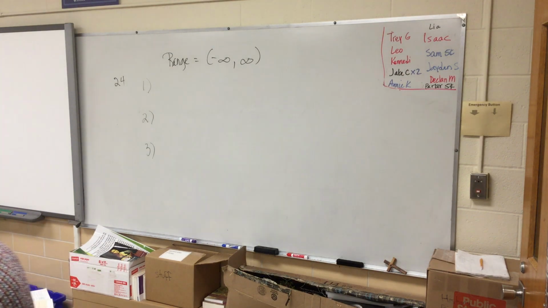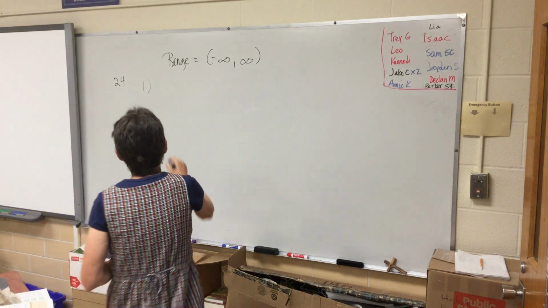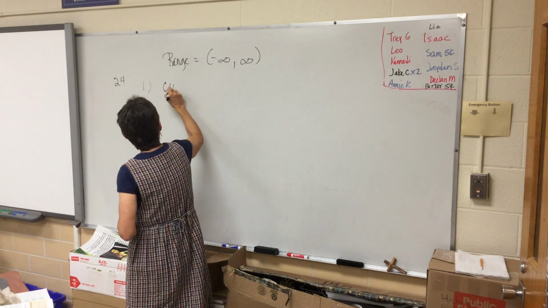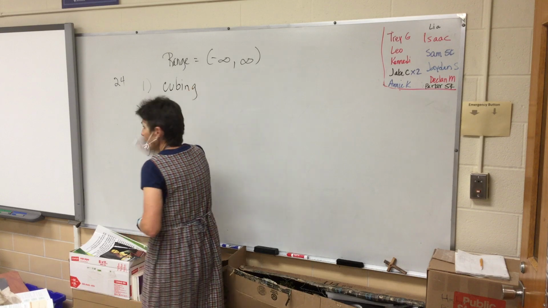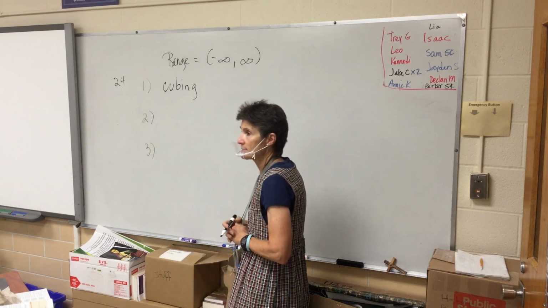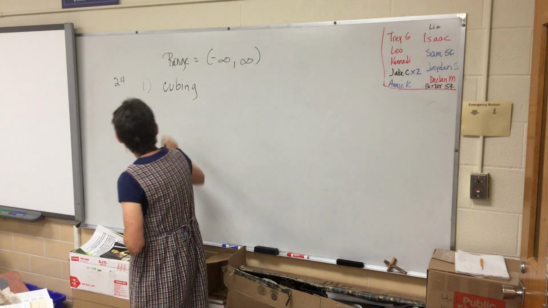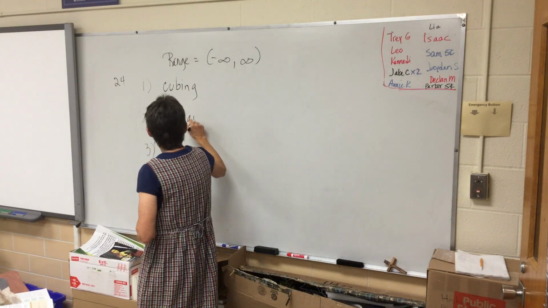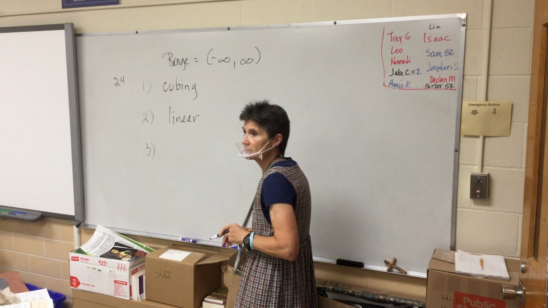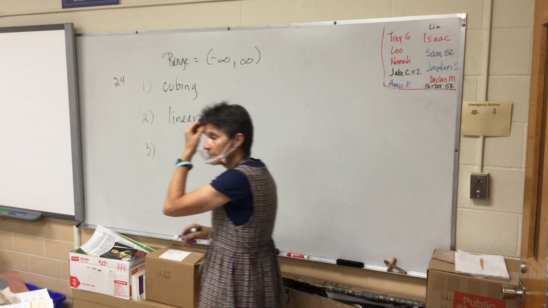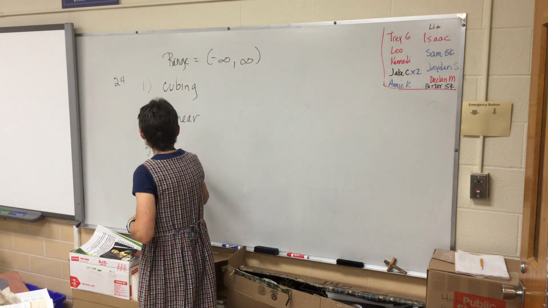Cubing function, absolutely. The cubing function, all the way down, all the way up. What else? Linear. Linear, yep. Absolutely, one more. The natural logarithm. Yep, the logarithmic function, very good.